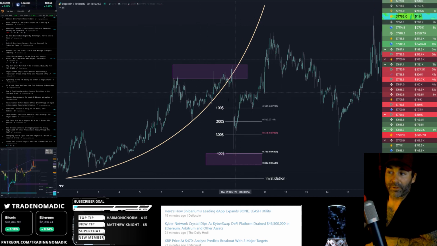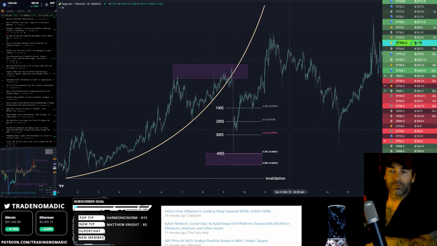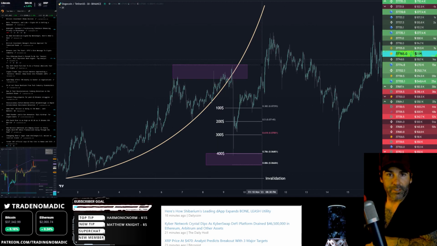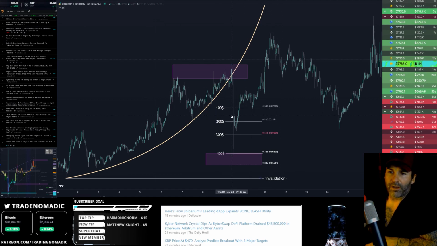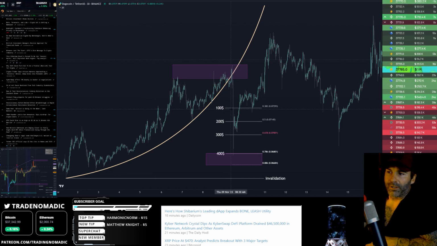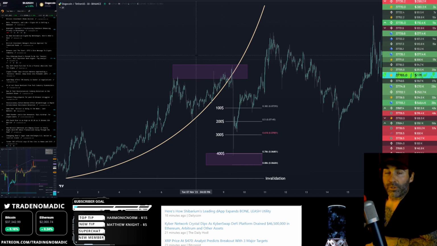Because if you bought everything at the 382 and you get stopped out, now you didn't make any money. So this is a way of mathematically putting statistics on your side, because if an asset's already in an uptrend, you would assume that it's going to continue the uptrend, and the lower you buy, again, that is less risk.